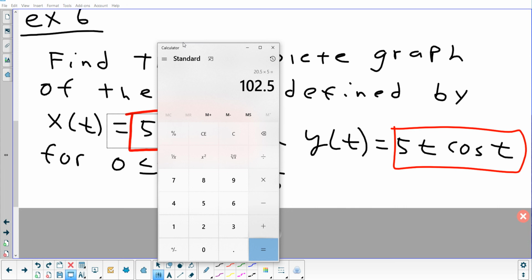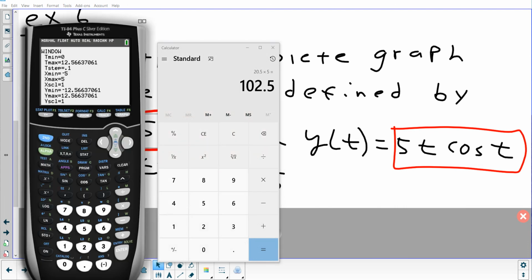And the biggest value you could get would be +102.5. So let's do -110 to 110 on the y-axis and see what happens.